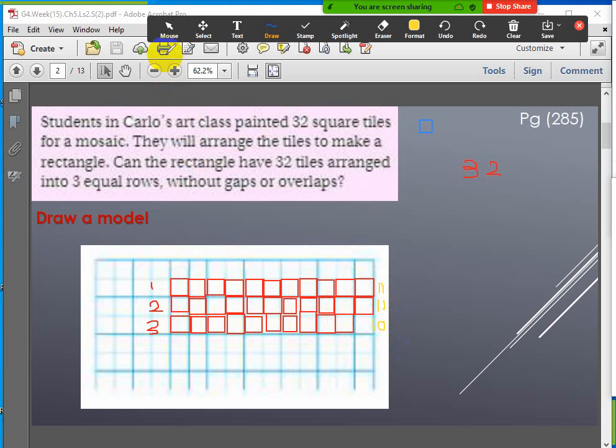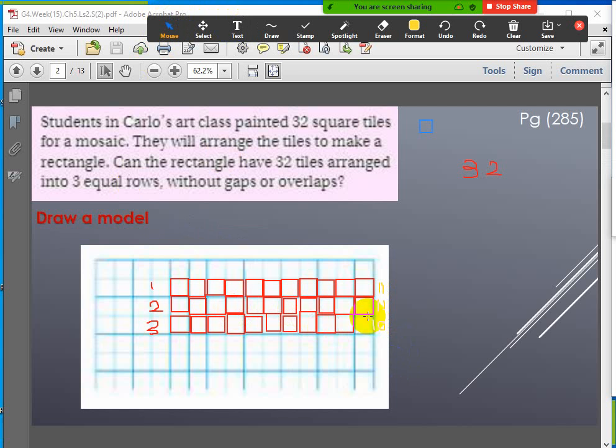Now I will use another way to find out if I can divide 32 on 3. Did you finish, girls? Yes, there is a remainder. Very good, Kinda. Now we will see when we use division.